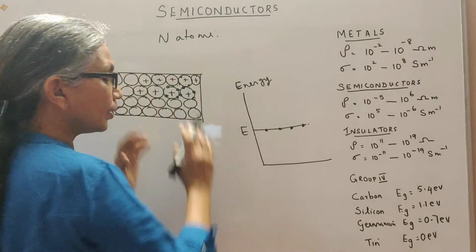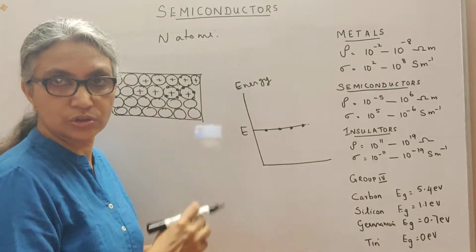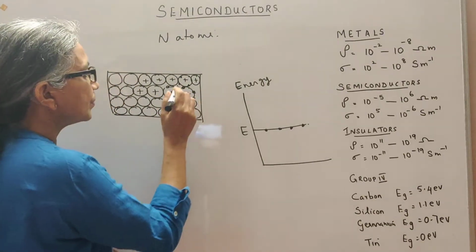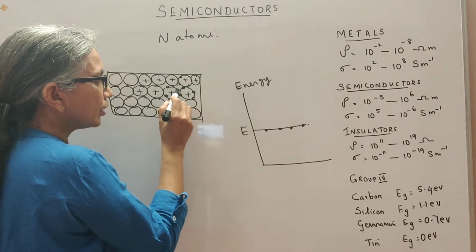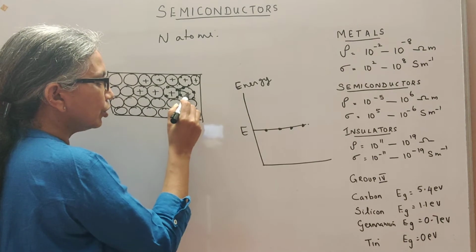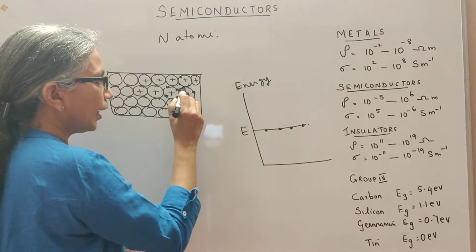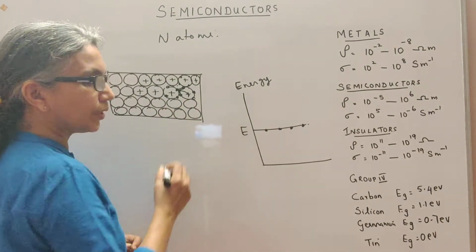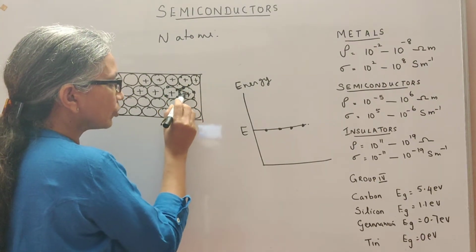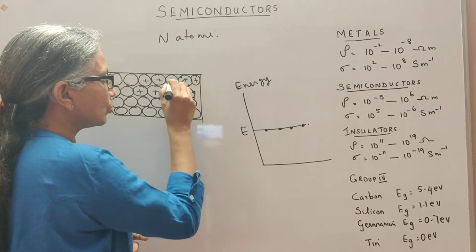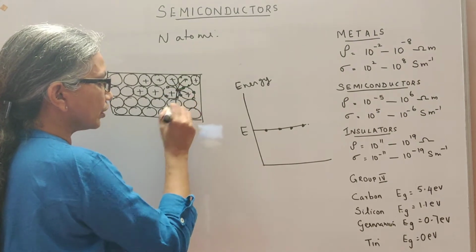But when you bring them together like this, very close to each other, each of these electrons starts interacting with the nucleus of the neighboring atom and the neighboring electrons of the neighboring atom. So this one electron here can interact with this nucleus, this nucleus, this nucleus, and this nucleus.